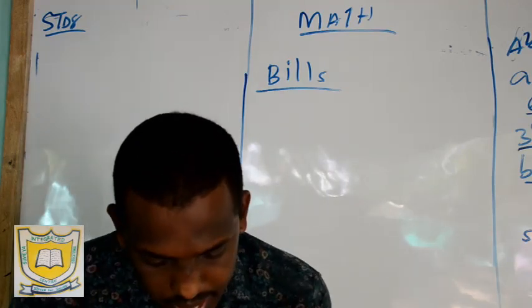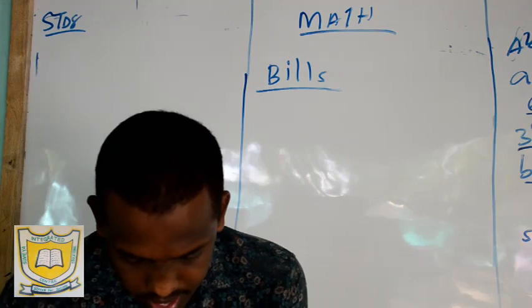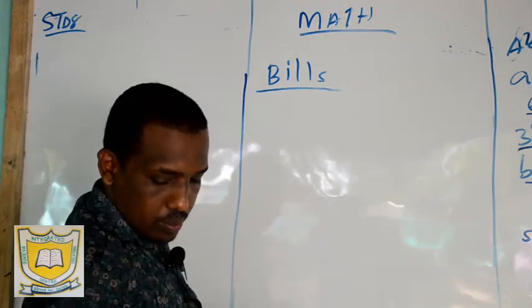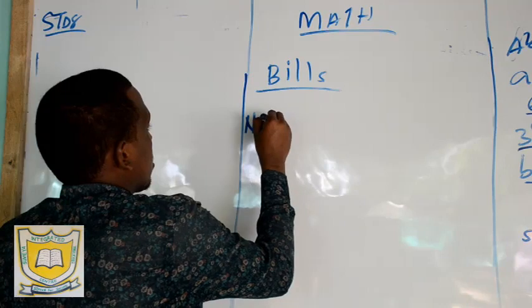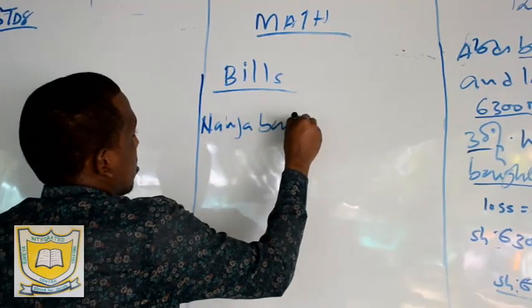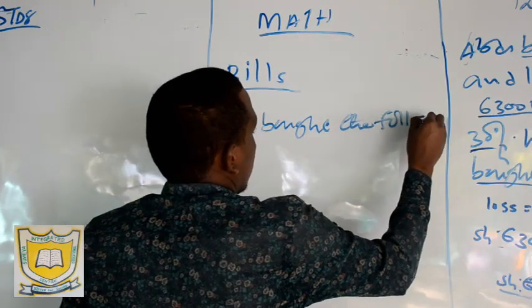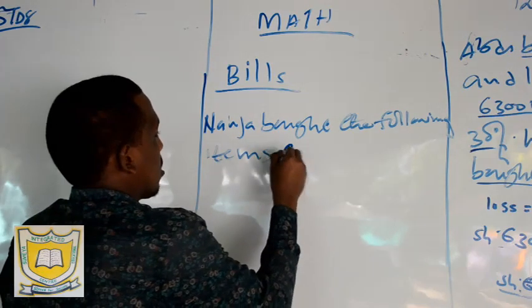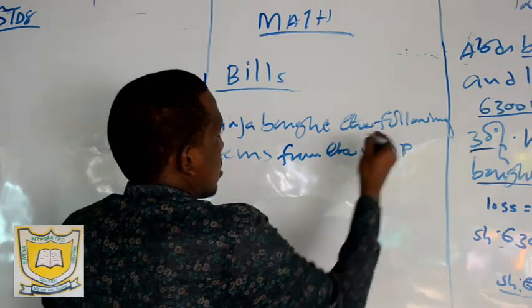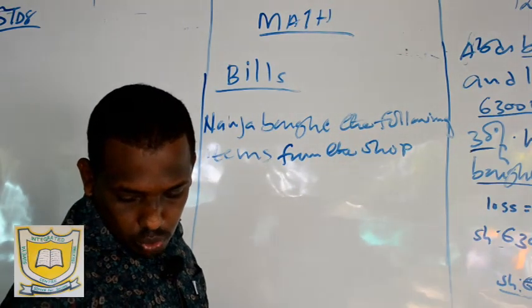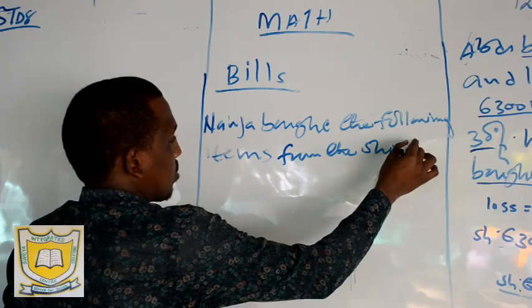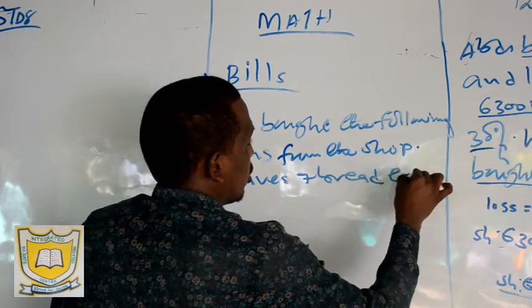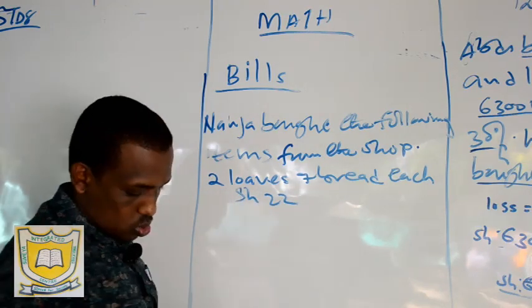So in bills, there's a question here. You are told Ninja bought the following items from the shop. 2 loaves of bread, each shillings 22.